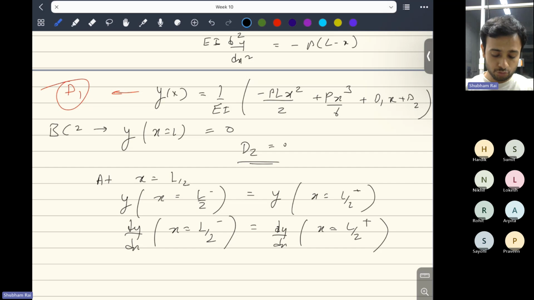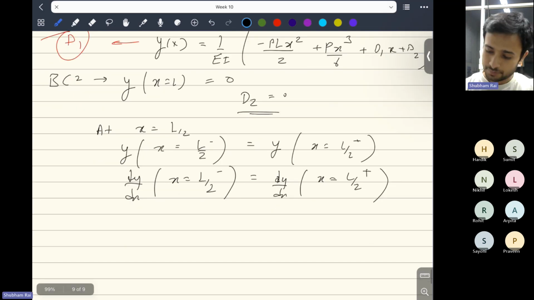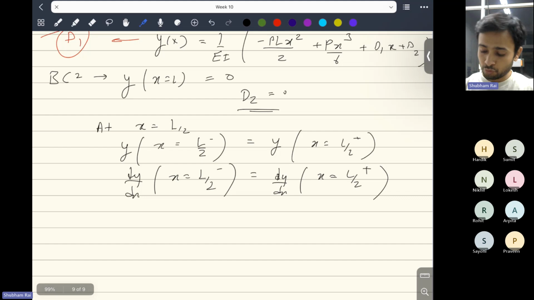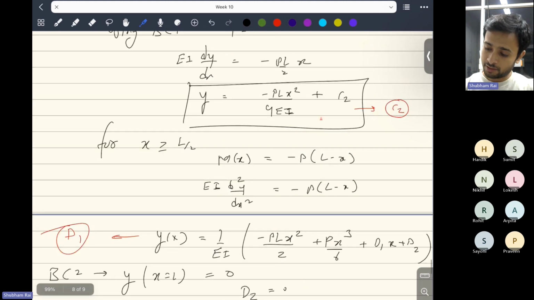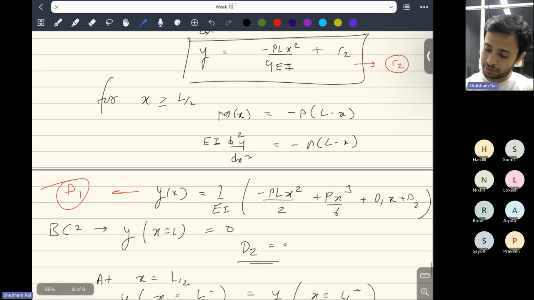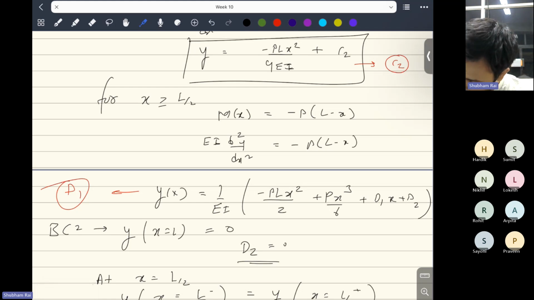So if you put these two conditions, you don't have to do anything. You just take this formula here. You put x equal to L by 2, and here you put x equal to L by 2. Equate both these formulas. You'll get some relation between d1 and c2, because d2 is 0.